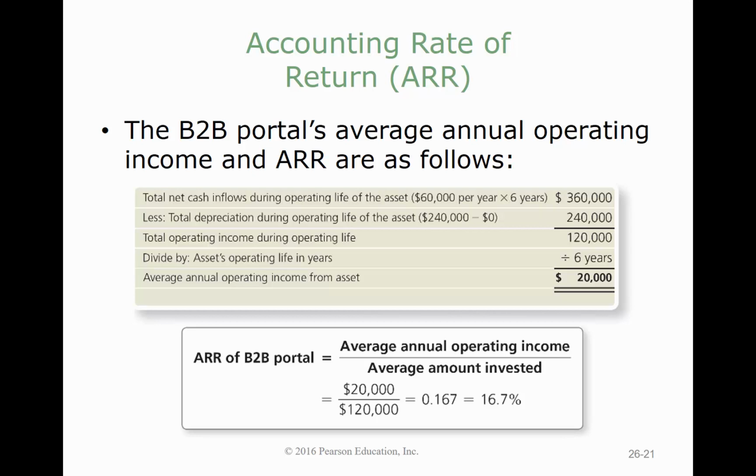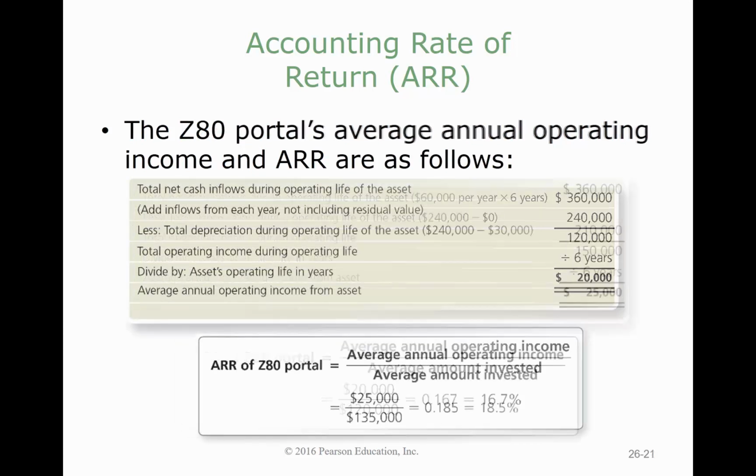That means how much operating income the asset generated per year during its life on average. Okay? So you take that divided by the amount you invested, and you get 16.7%. So that's the accounting rate of return on that asset.